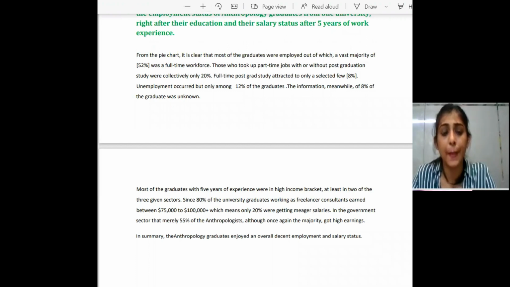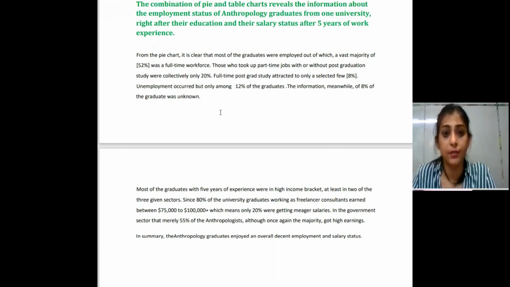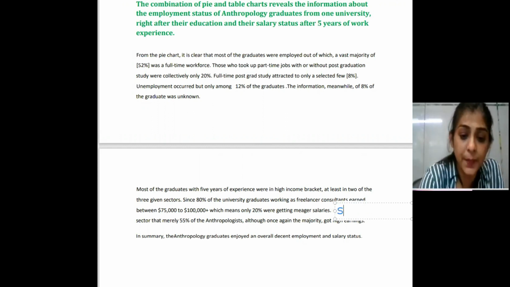Let me do it. Where were we? Yeah, after this sentence. Here. What should be the text? Similarly, now we are comparing as well. Okay?